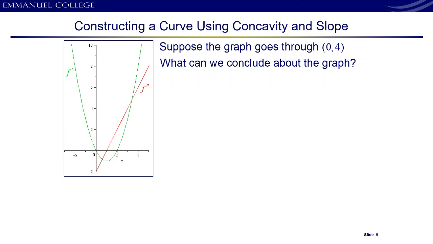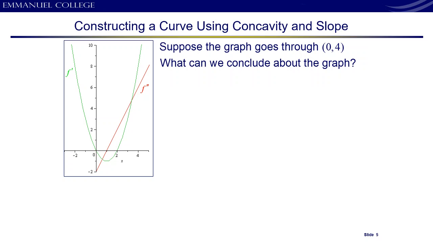So let's say you have this function, or you have the derivative and the second derivative. So you know the rate of change, and you know the rate of change of the rate of change. So what can you conclude?